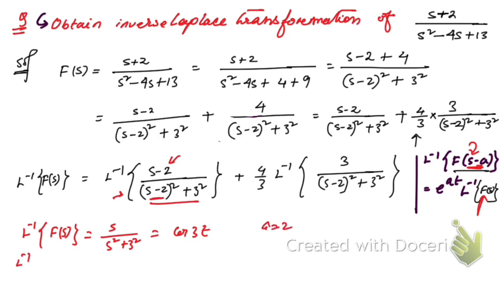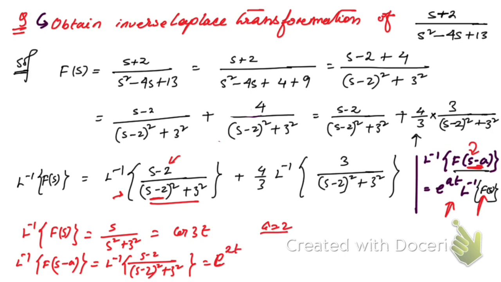That's why the inverse Laplace transformation of F of s minus a, in this case the inverse Laplace transformation of s minus 2 divided by s minus 2 whole square plus 3 square, is going to be equal to e to the power, according to this formula, instead of a we have 2, so 2t, then the inverse Laplace transformation of F of s.